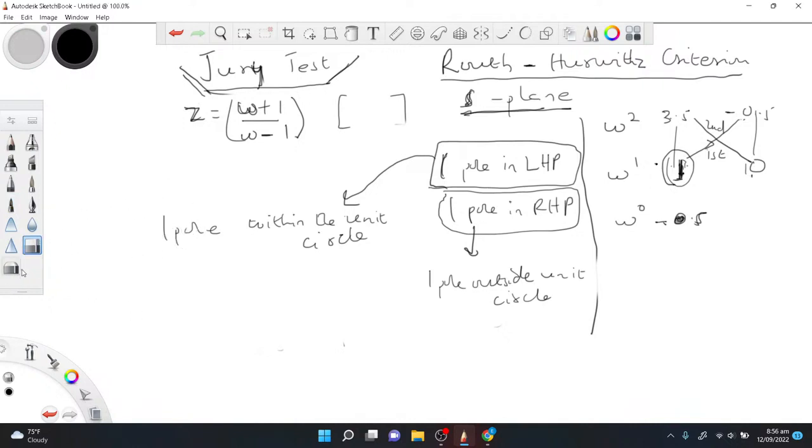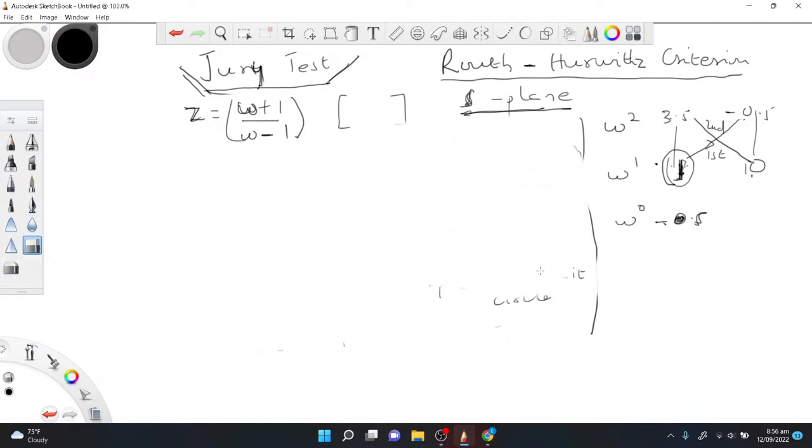And that's it for this case. So for singular cases, let me mention it, because we've done it before.